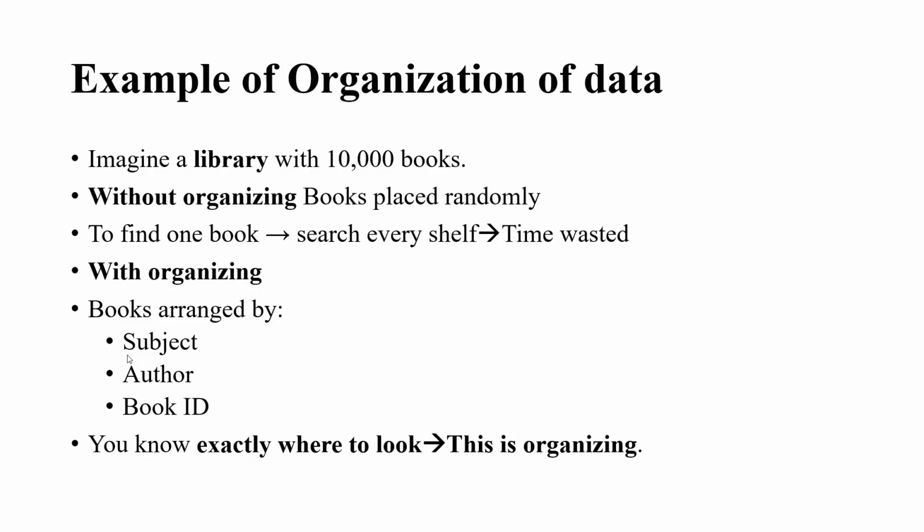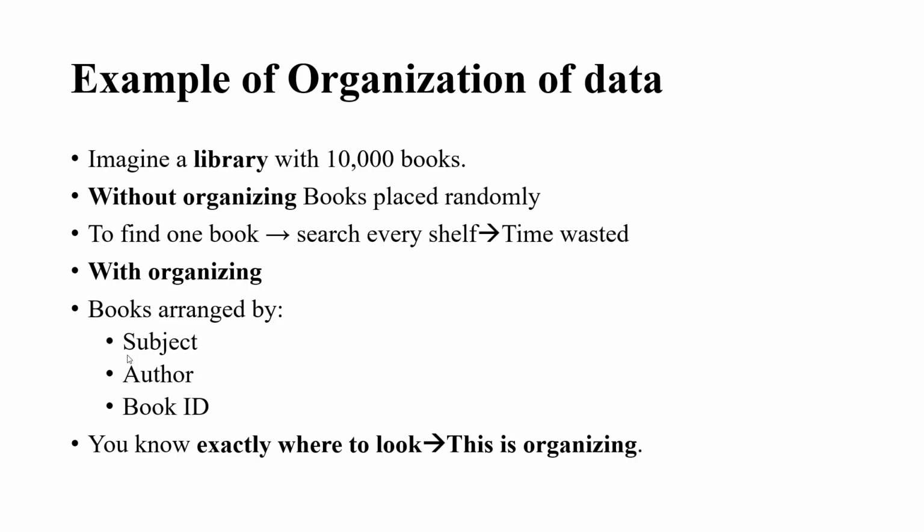To find one book, let us say by Yashwant Kanetkar, you need to search every shelf in the library until you find that particular book. Suppose we don't have any organization of books; the books are placed randomly over all the shelves. So in this case, the time will be wasted, right?